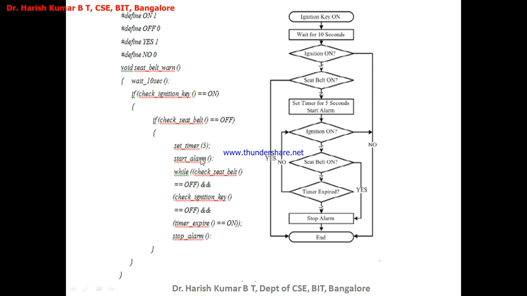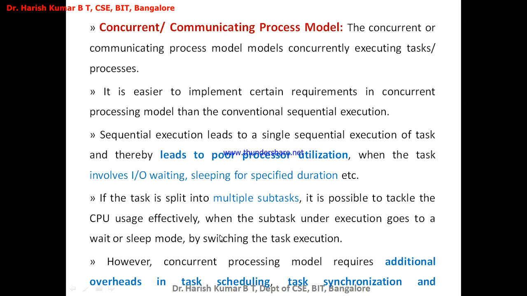If in these 5 seconds the user is not fastening the seat belt, start the alarm. While the seat belt is off, the ignition is on and the timer is on, the alarm keeps running. When any one of these conditions changes, come out and stop the alarm.